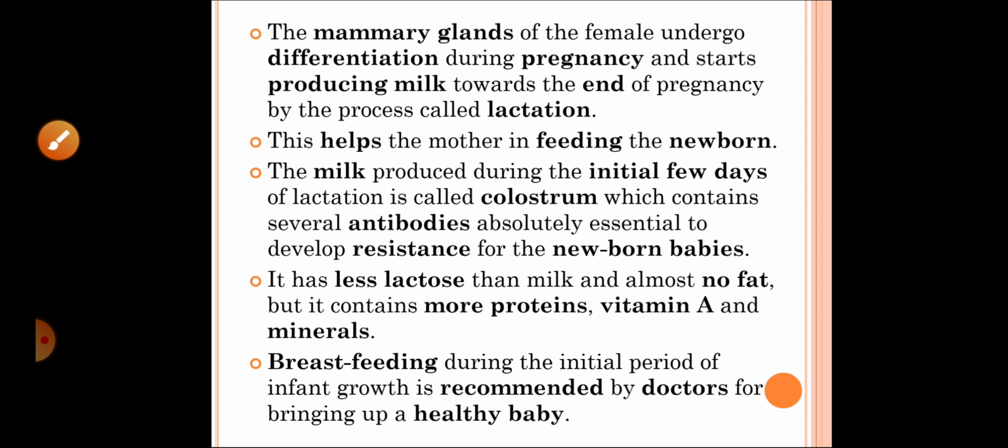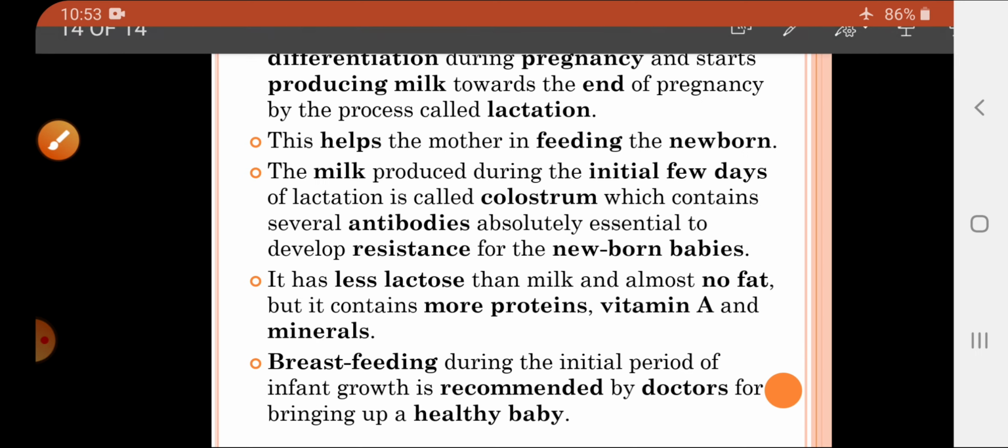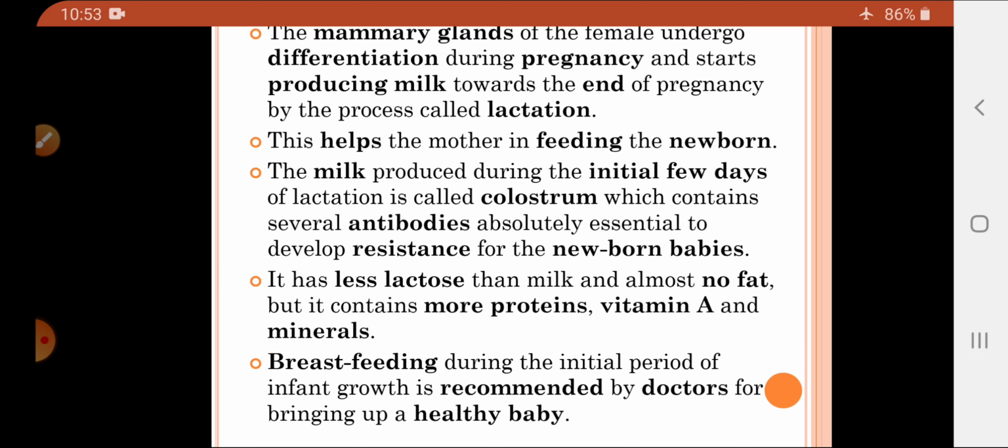So, that was the events happening at the time of parturition. Now, the process of lactation. We know that the mammary glands of the females undergo differentiation during pregnancy.